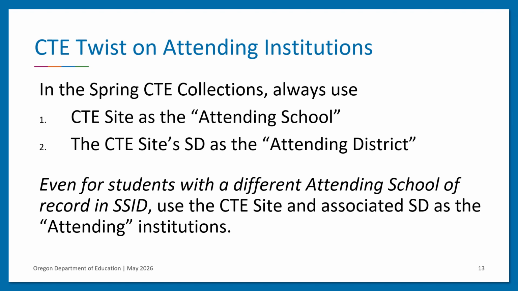And in each case, each CTE site enters its own ID as the attending school and only enters the data relevant to the CTE activity at their own institution. See the CTE Student 2526 user guide for specifics and examples on this.